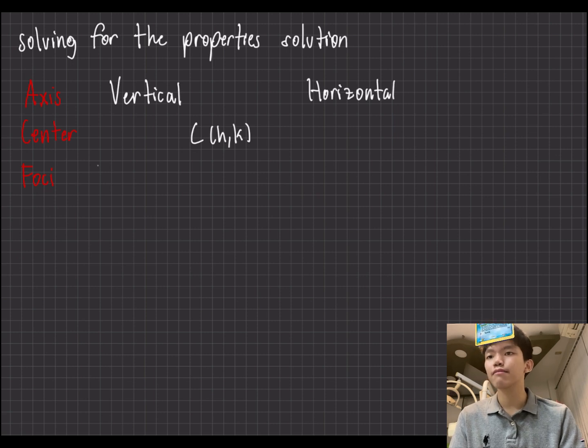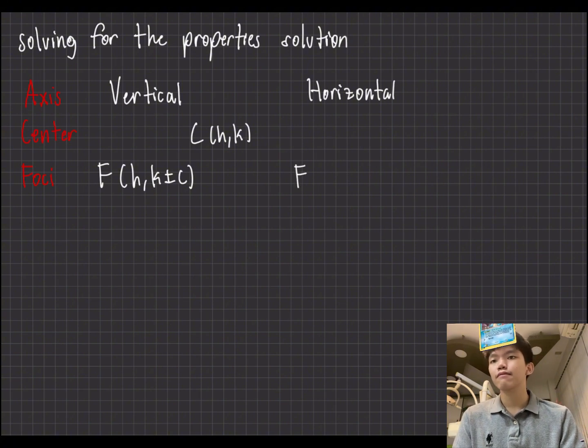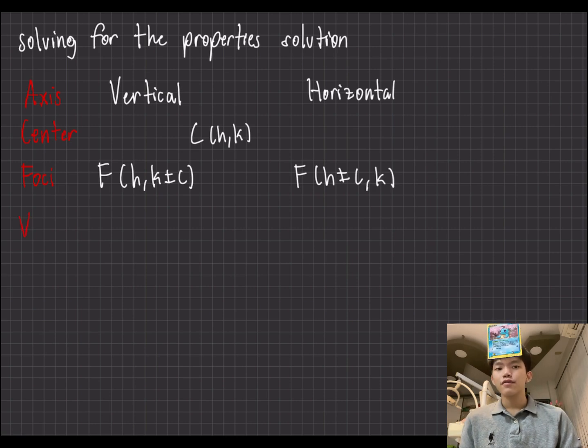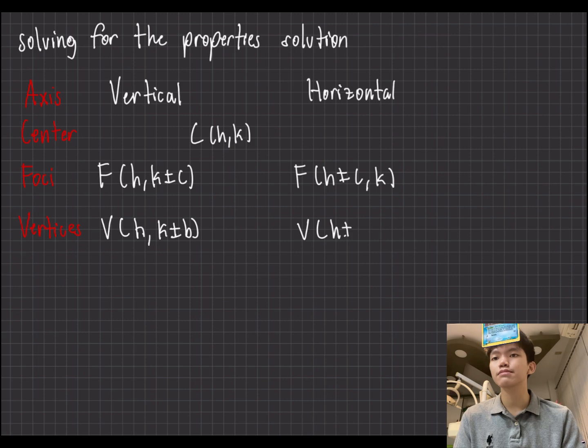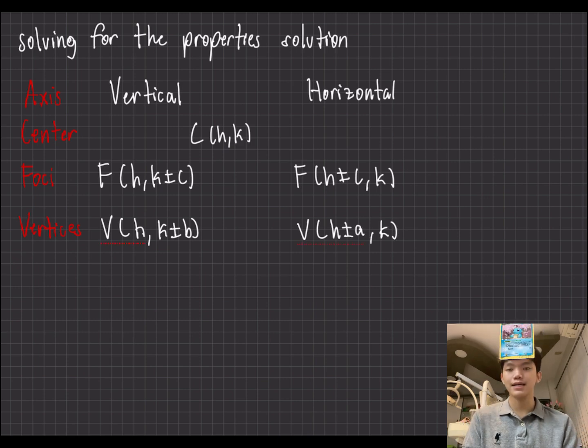For vertical, we have h, k plus minus c. And for horizontal, we have h plus minus c, k. For vertices, we have h, k plus minus b for vertical. For horizontal, we have h plus minus a, k.